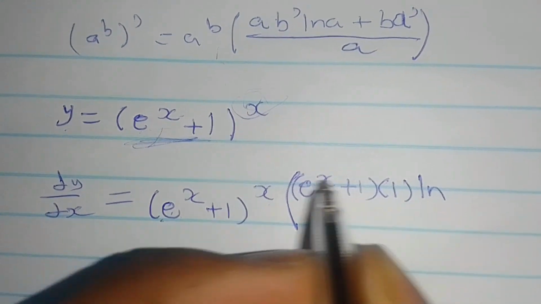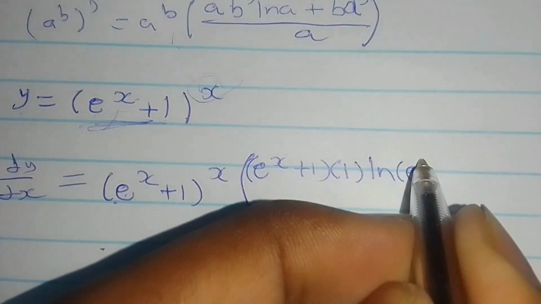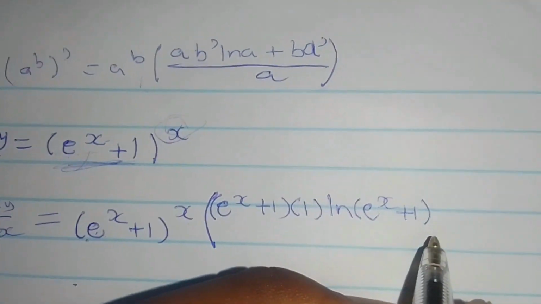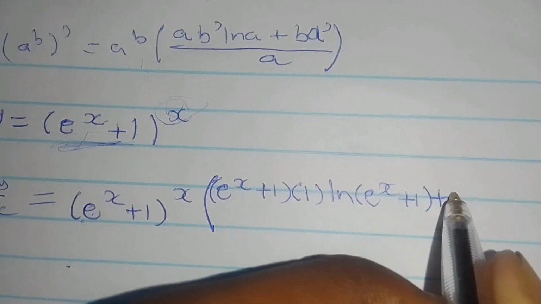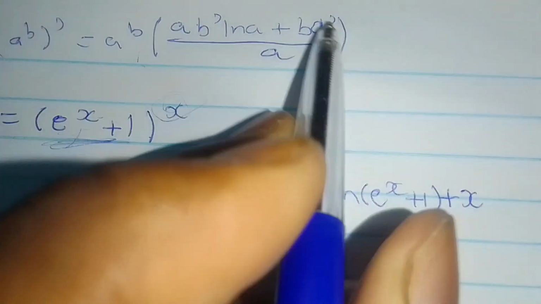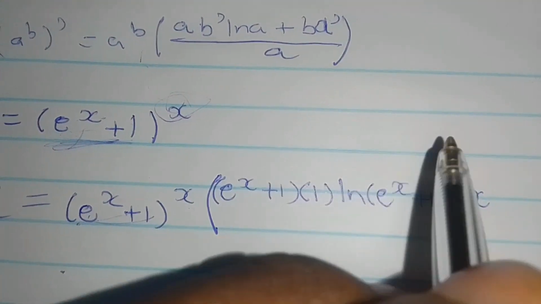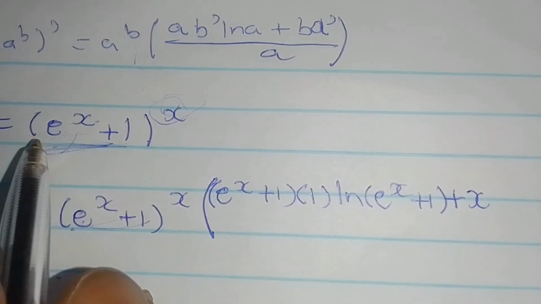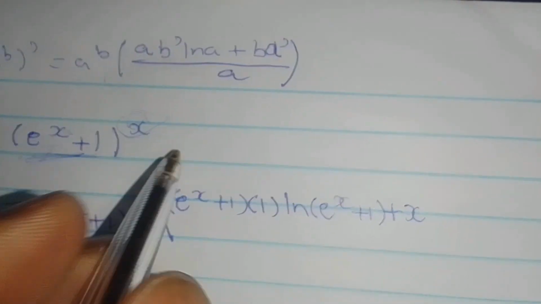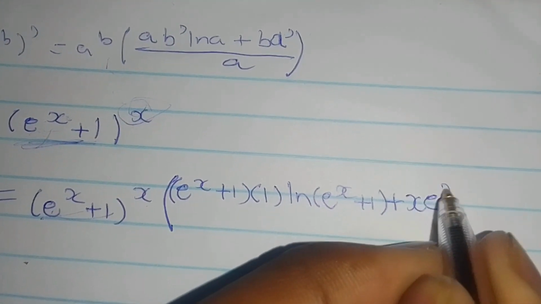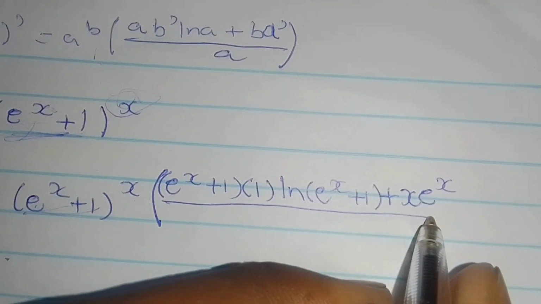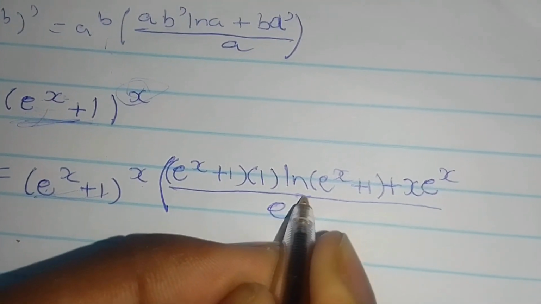Multiply by the natural log of e to the x plus 1 plus b, which is x times the derivative of the base. The derivative of e to the x plus 1. The derivative of e to the x is e to the x. The derivative of 1 is 0. So here I'm going to have e to the x. Remember, I'm going to divide this by e to the x plus 1.